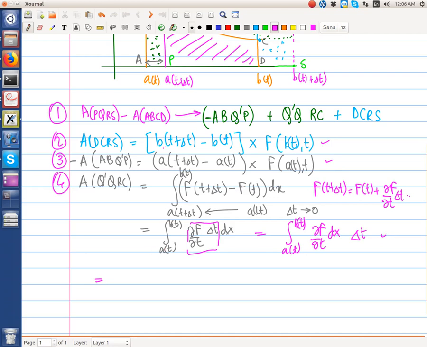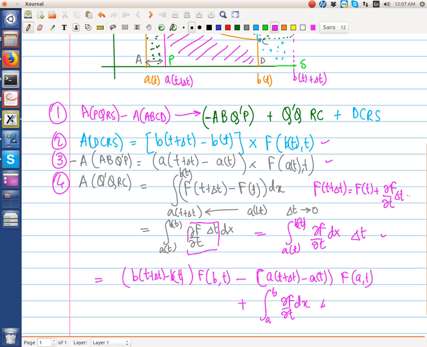So look: b at t plus delta t minus b at t, times f at b comma t, minus a at t plus delta t minus a at t, times f at a comma t, plus the integral a to b of del f del t dx delta t. This is the delta area.